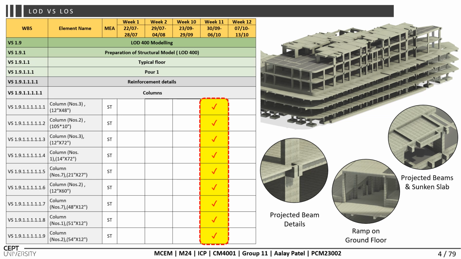Highlighting activities of week 11, LOD 400 reinforcement detail models were developed to fabrication-ready precision, showcasing critical elements such as reinforcement layouts for projected beams, ramps for each floor, and projected sunken slabs.